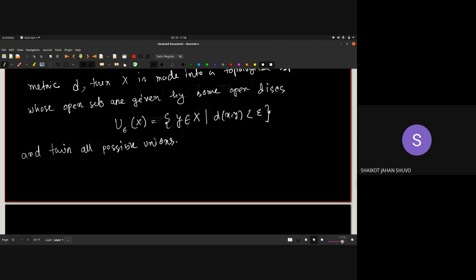And this type of topology is called a metric topology.